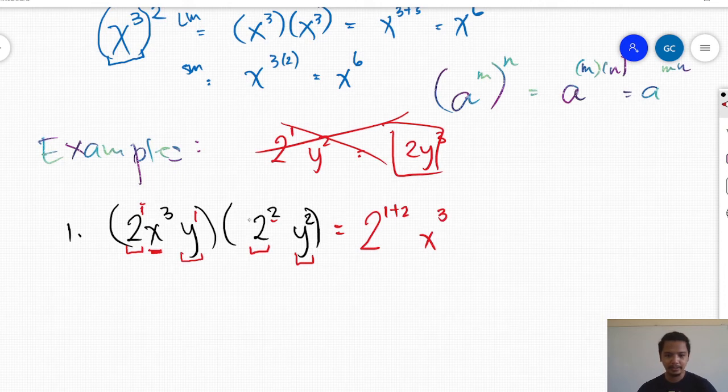X raised to 3. And another thing, we have there y raised to 1 and y raised to 2. So, ulitin mo lang yung base na y. Tapos, i-add mo lang yung 1 at saka yung 2. So, we have there 1 plus 2. For your final answer, we have there 2 raised to 3, x raised to 3, y raised to 3.